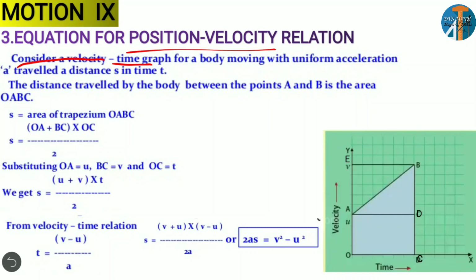Here also, consider a velocity-time graph of a body moving with uniform acceleration A, traveling a distance S in time t. The distance traveled by the body between points A and B is the area OABC. Here we are taking the area of the trapezium OABC only.